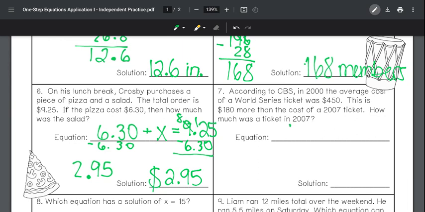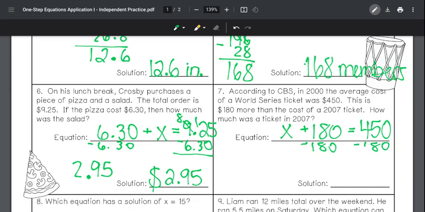So we can make our equation x plus $180 equals 450. When we get x by itself, we're going to figure out how much the average cost was for a ticket in 2007. So I need to subtract 180 from both sides to figure out x.